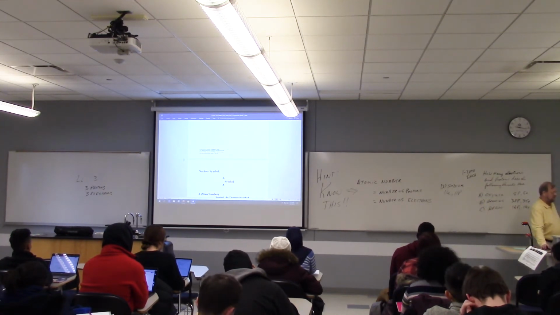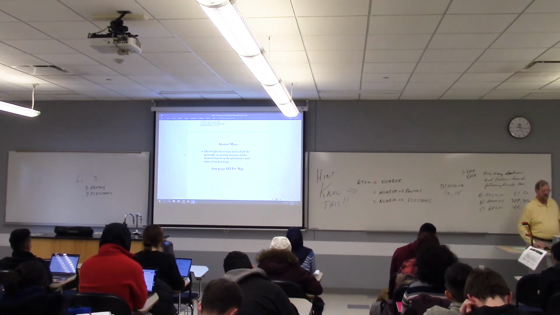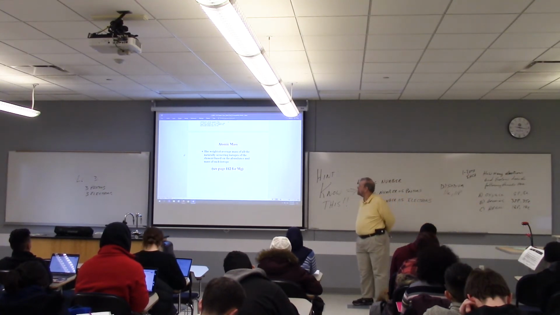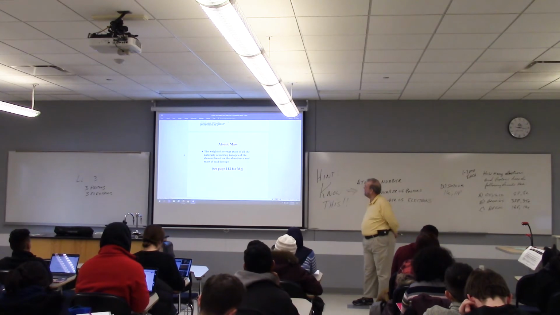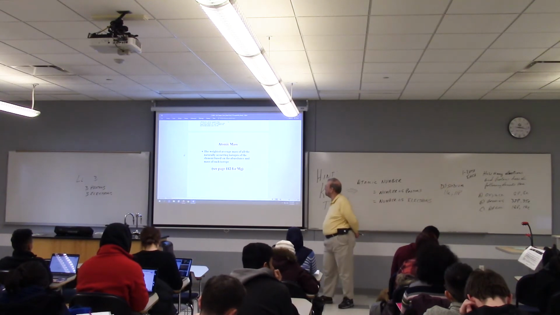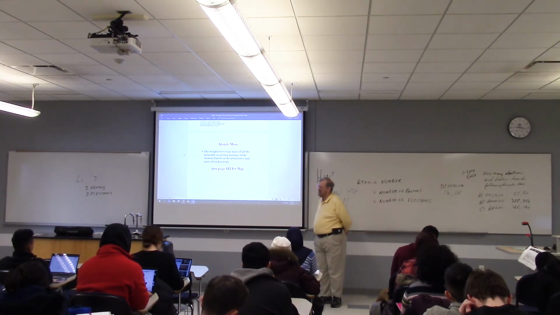Now, when we talk about, I forgot to take this out. I'm skipping this. Switch is still off. Now, there's a very useful number on the periodic table called the atomic mass, which I'll also call the atomic weight. And this is a weighted average of all the naturally occurring isotopes of the elements based on the abundance, which means how much, and the mass.